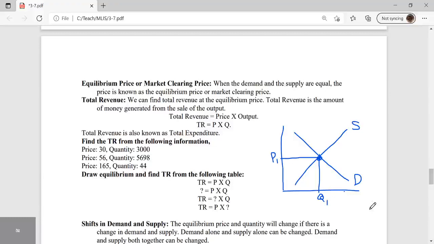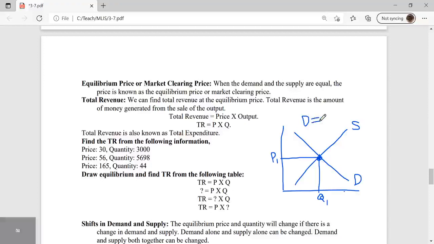This is a situation when demand and supply are equal.